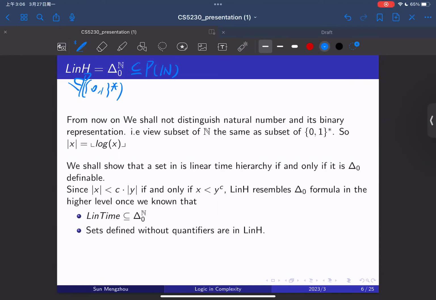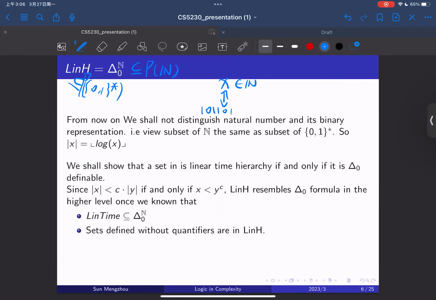So from now on, we shall not distinguish a natural number and its binary representation. Let's say we have a natural number x and its binary representation, say 101101.